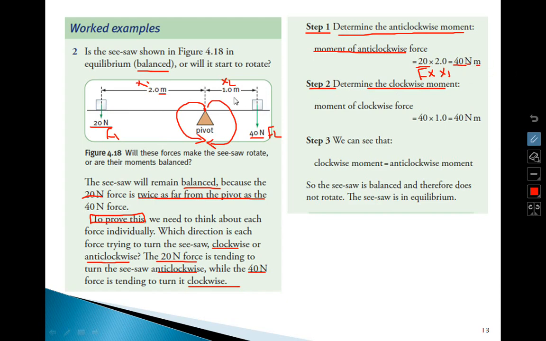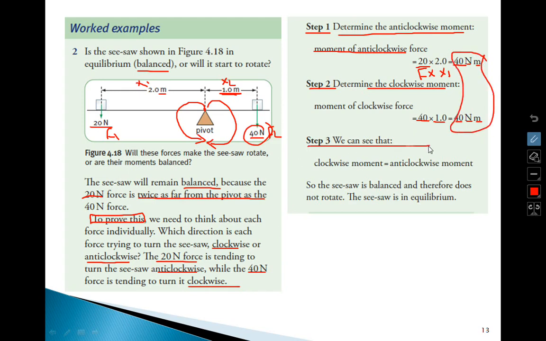Step 2, we do the same for the clockwise moment. The moment of the clockwise force is equal to 40 Newton times the distance here, which is 1 meter. So it is equal to 40 Newton meter, which is exactly the same as this one.